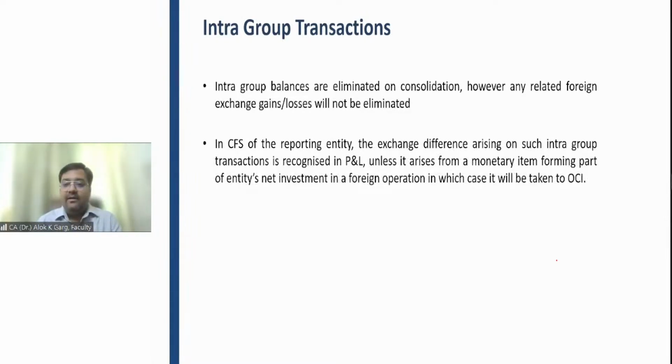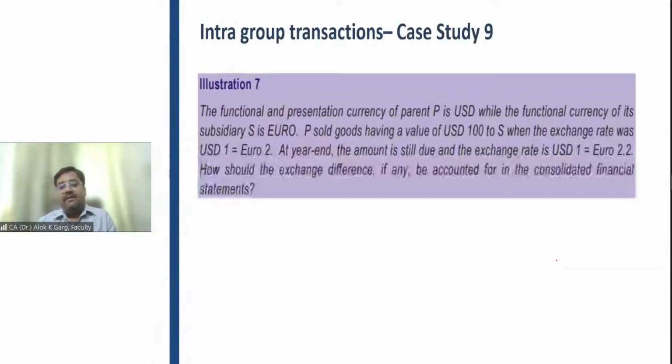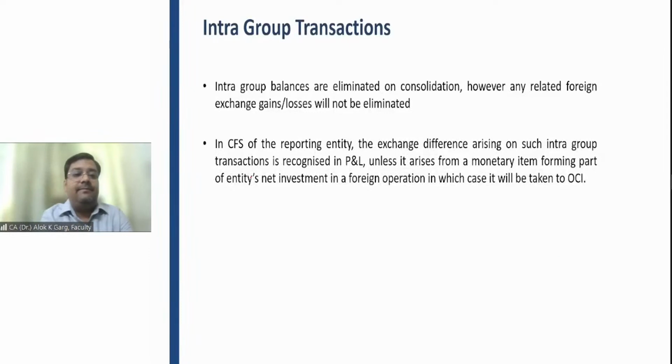Consolidation is happening. And for the purpose of consolidation, first of all, this subsidiary entity has restated the trade payable. Earlier, this subsidiary entity had made an entry. See what the subsidiary must have done. Let's say the parent, I'll write here the parent, has sold goods worth 1 lakh US dollar.